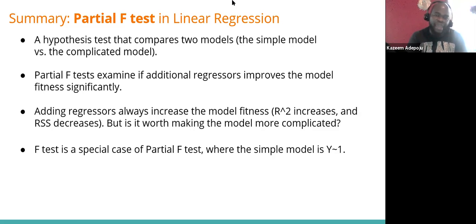So the F-test tests for the overall significance of the parameters in the model, while the partial F-test compares two models. But you know what? When you say two models, at least one of the models must have one predictor. Have I answered your question now?